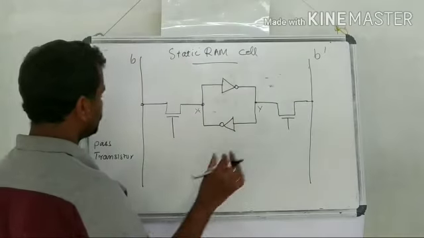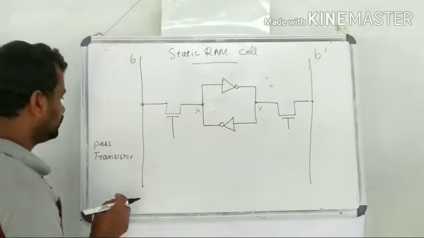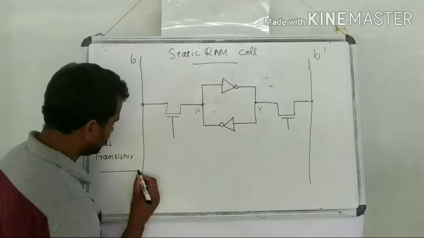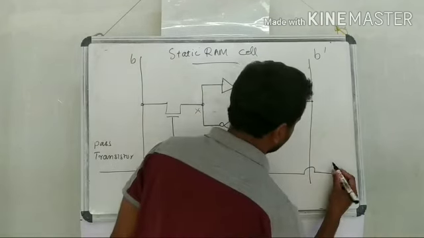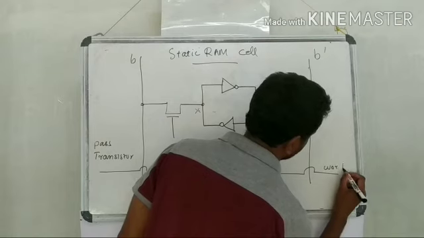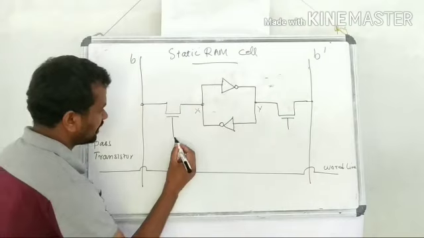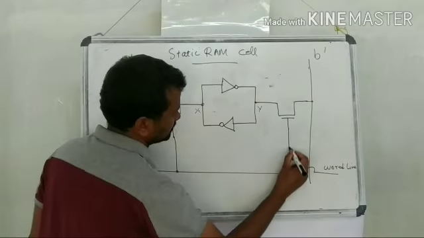That is why we call these pass transistors or switches. Then assume that this is our word line, and these transistors are connected with this word line, like this.